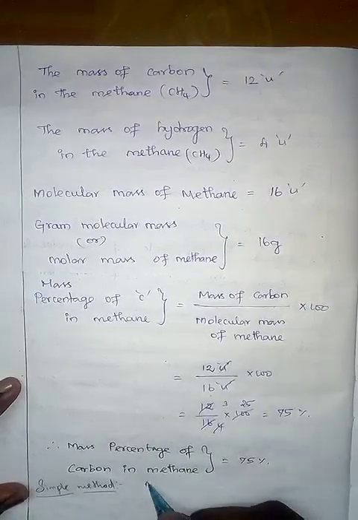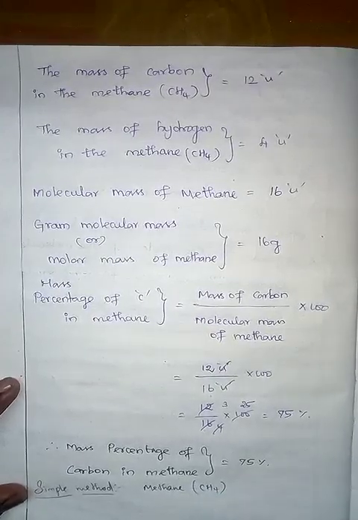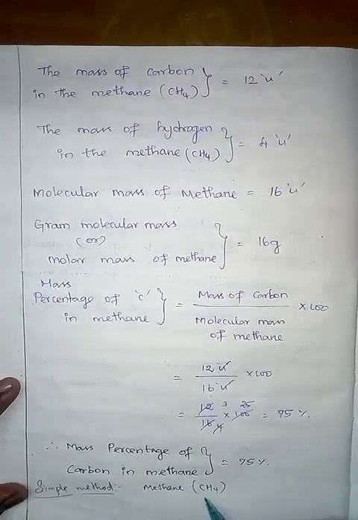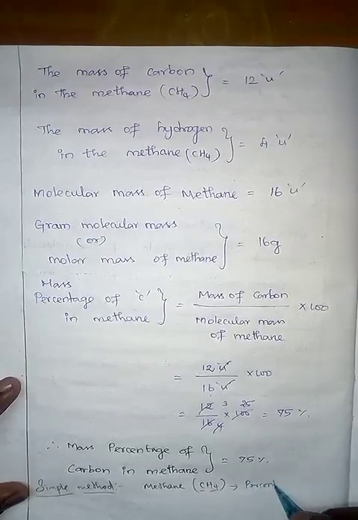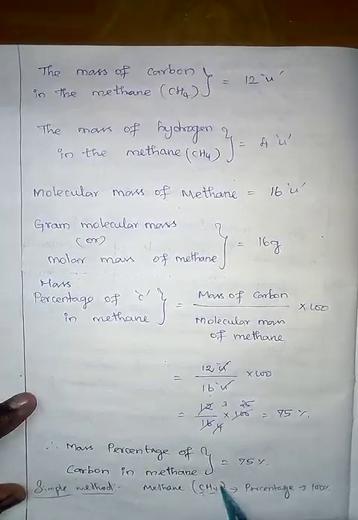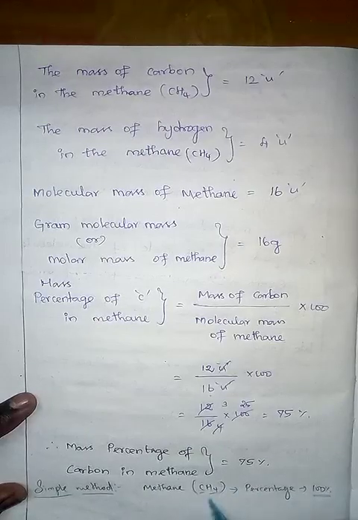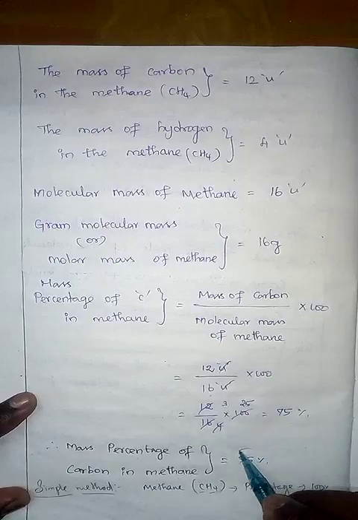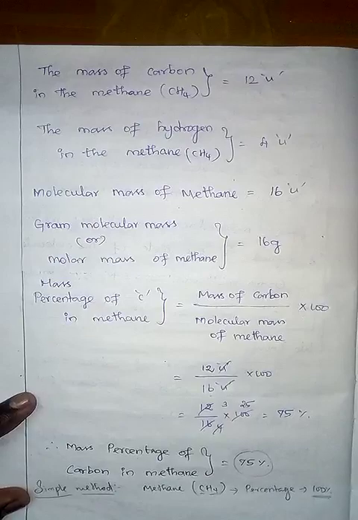In methane, the formula is CH4, right? In methane, how many elements do we have? There are 2 elements. We have discussed that percentage means 100%. So if I add the mass of all the atoms, I'll get 100%. If the mass percentage of carbon is 75, then what will be the mass percentage of hydrogen? You can easily calculate.